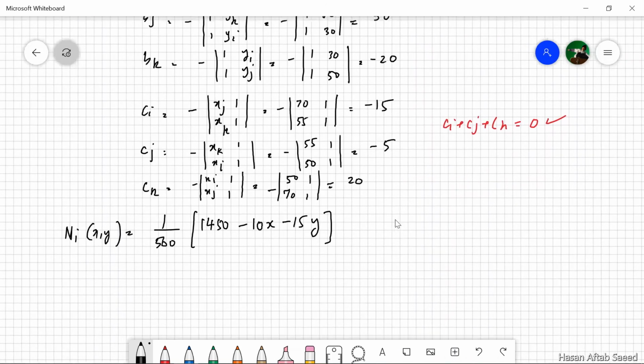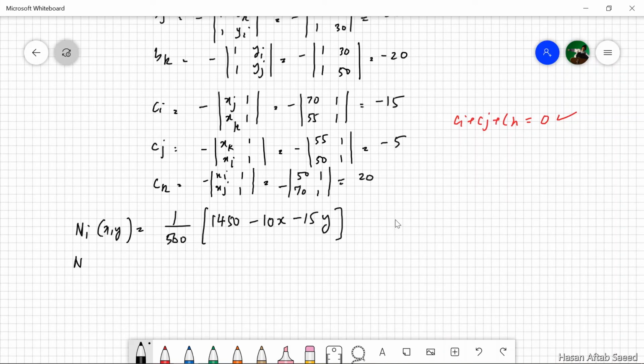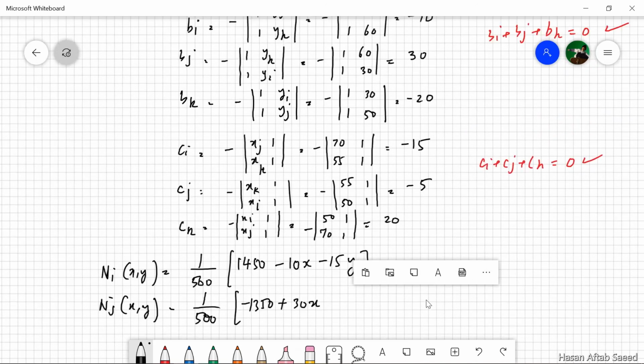So similarly, Nj, again a function of X and Y, the determinant is the same. Now you have minus 1350 plus 30x, this 30 is Bj, and minus 5y, this minus 5 is Cj.